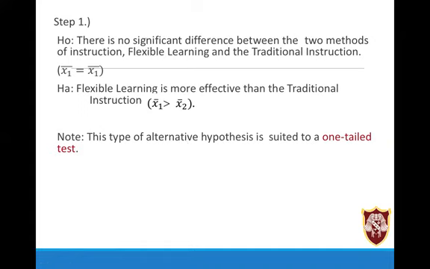But since here, we state specifically that FL or flexible learning is more effective than traditional instruction, and we use this greater than symbol. So this implies that the test to be performed is one-tailed test, or that is a test applicable to a directional hypothesis.